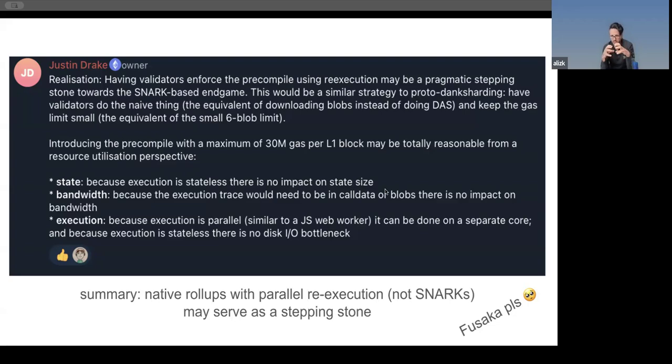But here I also see another notion, which is L1 coordinating around this precompile, which is an interface where a native rollup would provide its own verifier, bring your own verifier to L1. And in that paradigm, we can have a diversity of native rollups because each will bring their own. They will tell the L1 nodes which verifier to use.